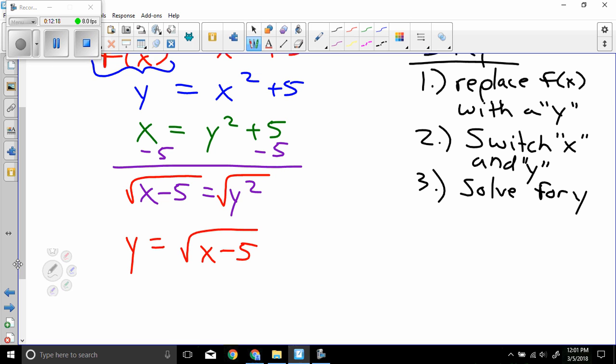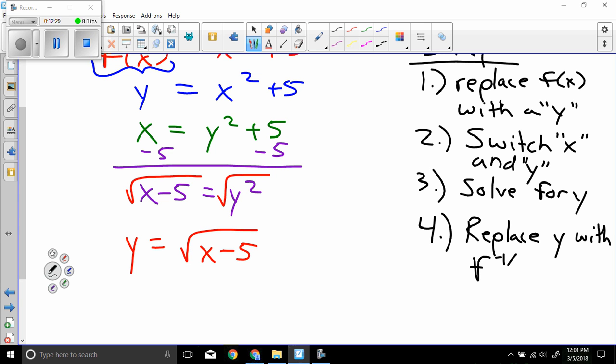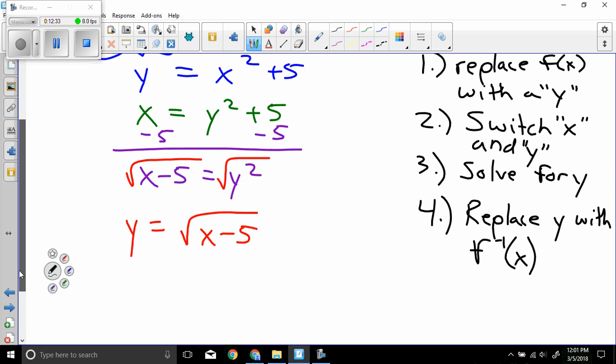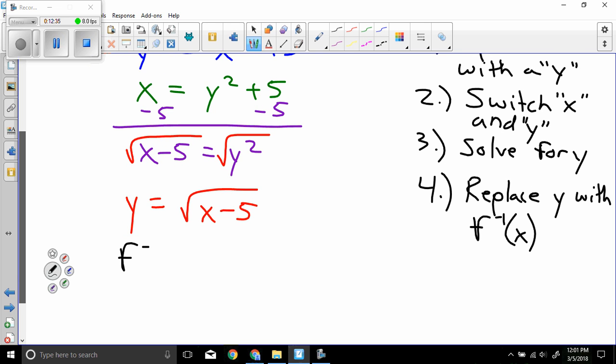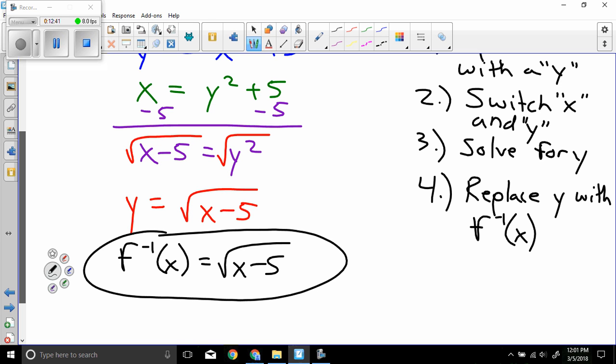But in the original problem, we did not have a y. So I need to replace y with f inverse of x. That's how you say that with that negative 1 then. So if I'm going to finish this problem, it's f inverse of x equals the square root of x minus 5. And that is my solution.